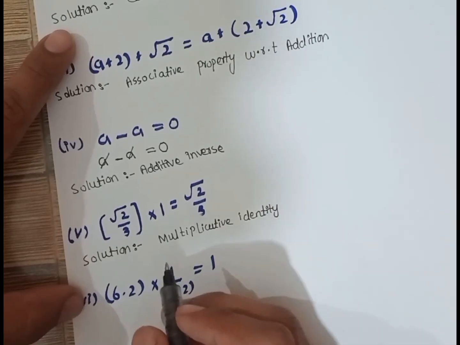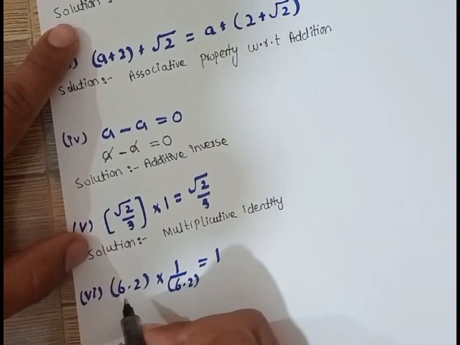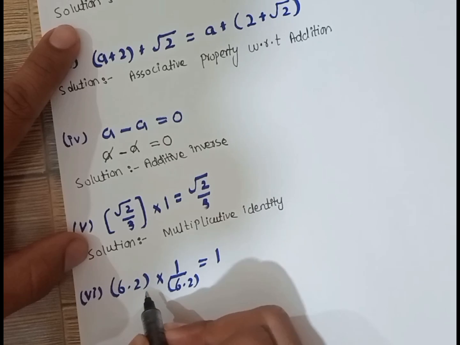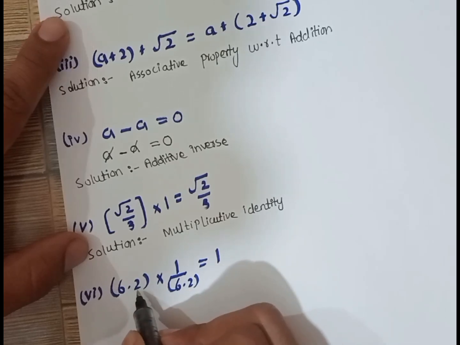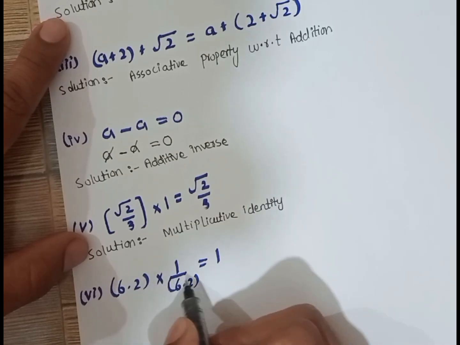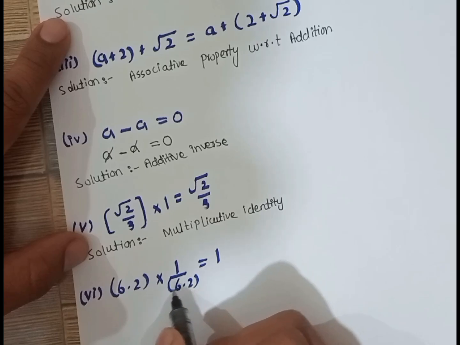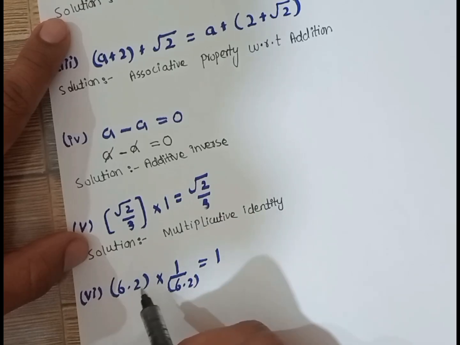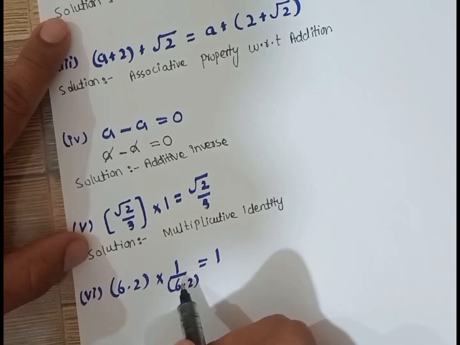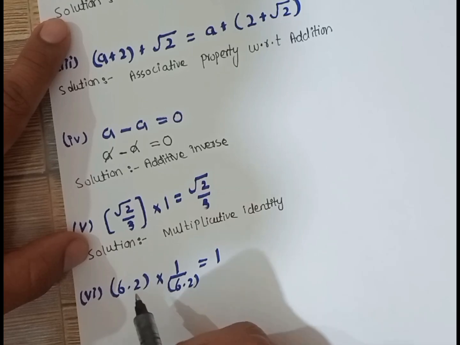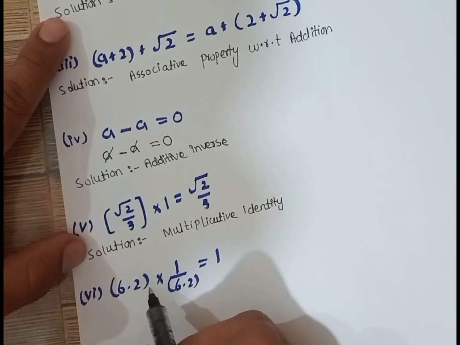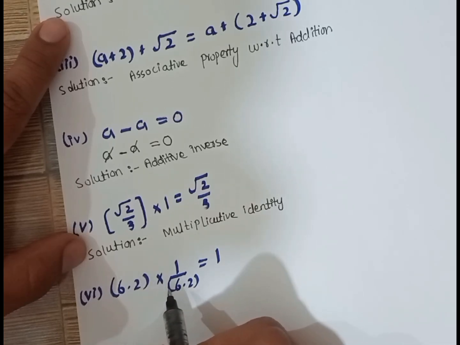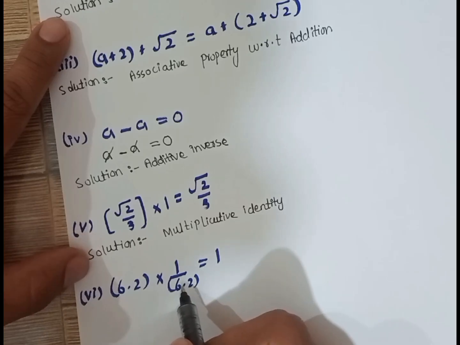Okay, coming to the next question, the last one: 6.2. If 6.2 is the number, its inverse will be 1 over 6.2. For example, if 2 is the number, its inverse will be 1 over 2. Each real number has an inverse except 0.